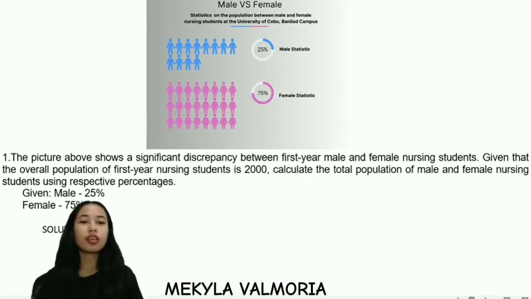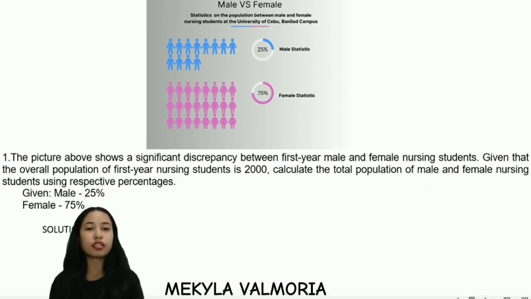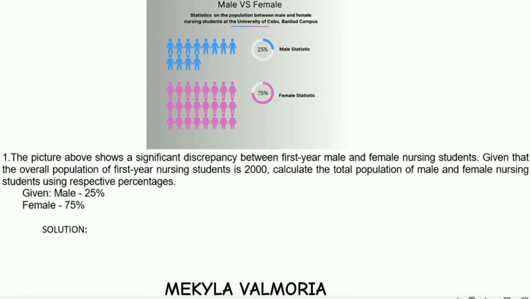Next is: the picture above shows a significant discrepancy between first-year male and female nursing students. Given that the overall population of first-year nursing students is 2,000, calculate the total population of male and female nursing students using respective percentages. The given are male with a total of 25% and female 75%.